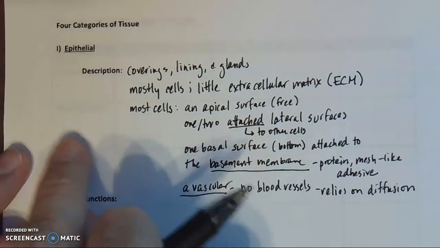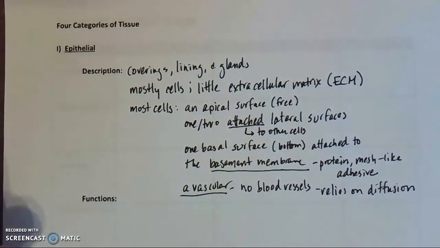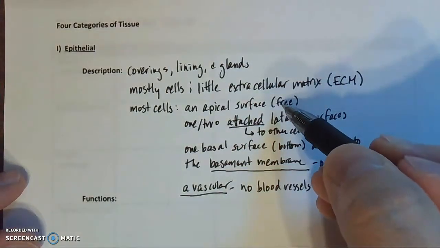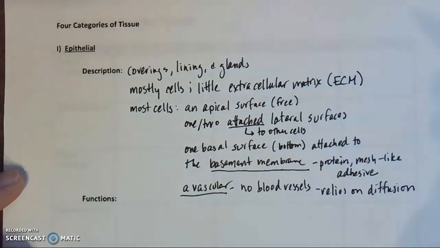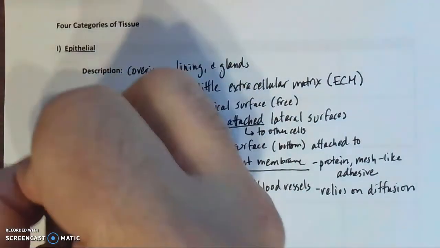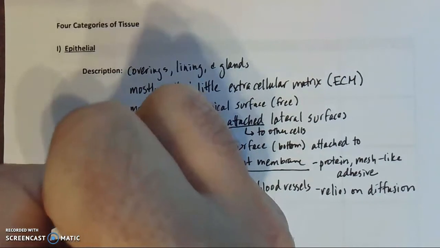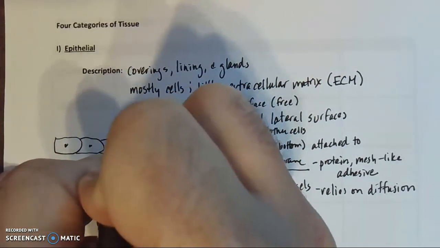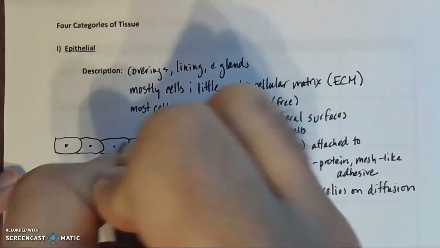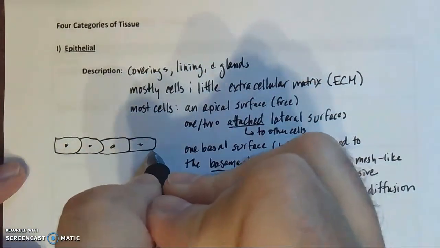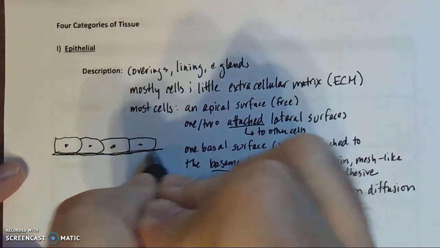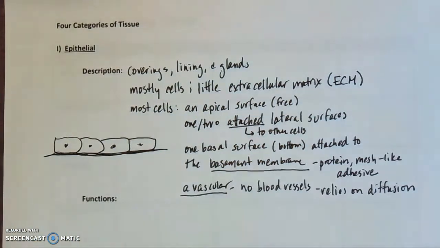So I'm just going to draw a little diagram of this: apical, lateral, and basal surfaces. So if we have some cells, it's forming a lining, so we end up having it just one cell layer thick.